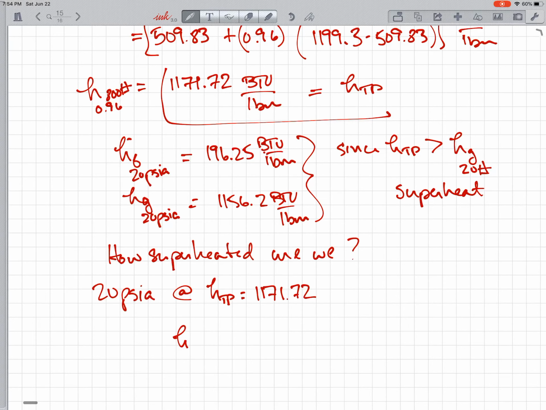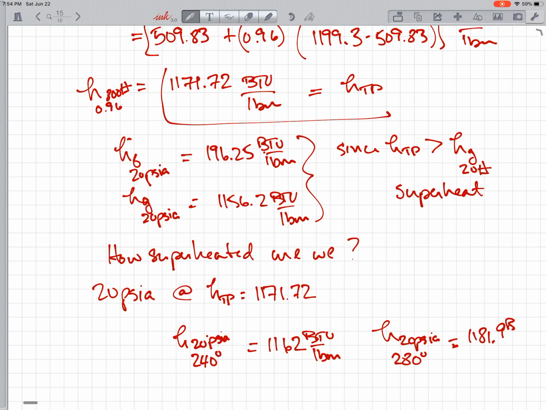So I think we said it before, enthalpy of 20 pounds and 240 degrees is equal to 1162 BTUs per pound mass, and the enthalpy at 20 psia for 280 is equal to 1181 BTUs per pound mass.